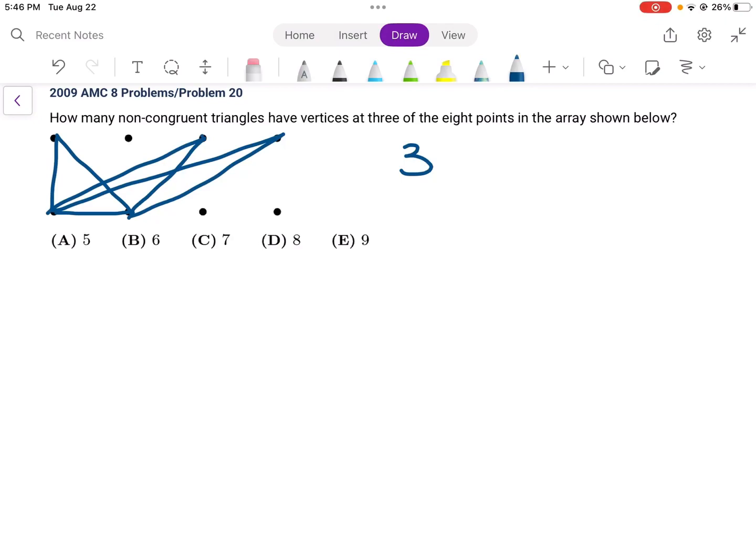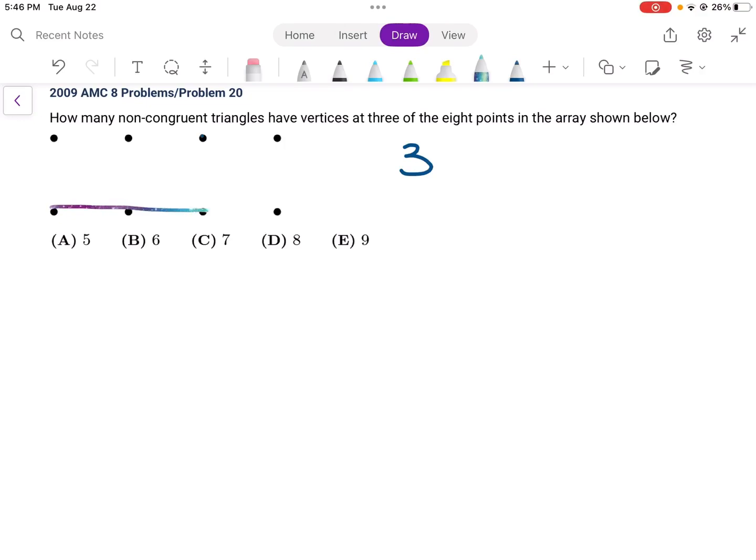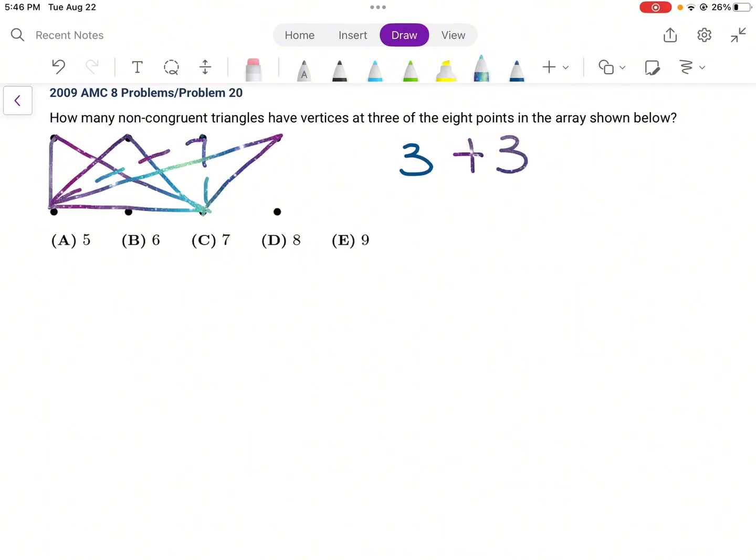And for bottom length 2, we can have this one and this one. And if we do this one, then it's the same as the first one we have, so we don't count that. And the third one is this one. So again, we have 3 choices.